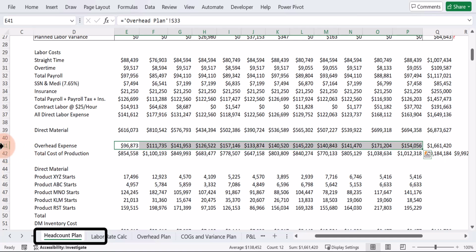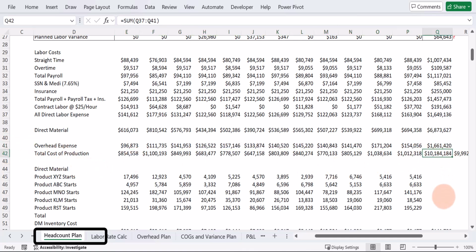So that flows in here in line 41. So then you can see the overhead cost was $1.7 million. So if we add up our total costs, you can see we get to $10.2 million total production costs.